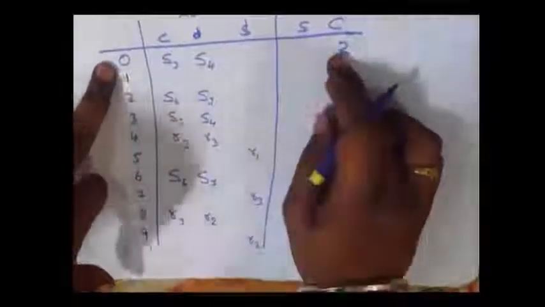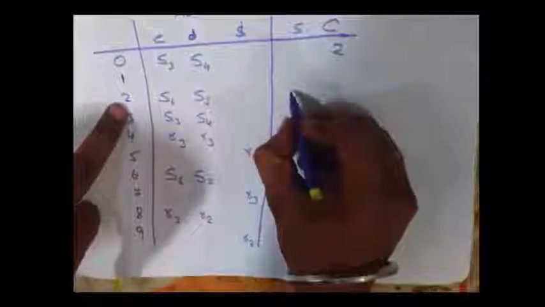Coming to the go-to part, the first was filled by us, and there was no second. The 0th was filled by us, and as 1 is a final state, there are no transitions from 1. Coming to the second state, for S there is no transition from 2.